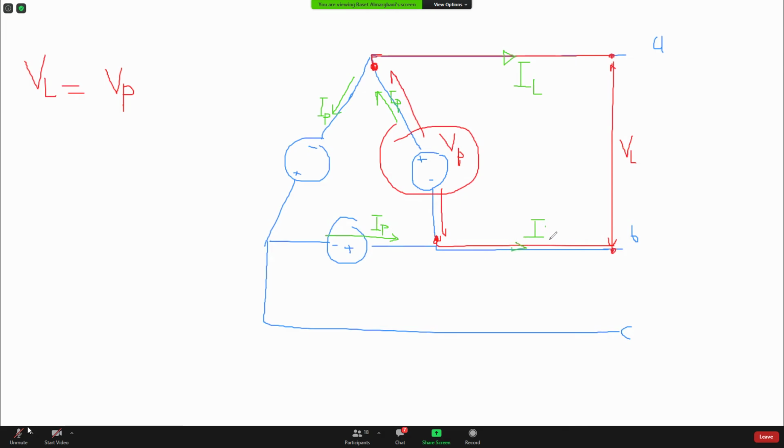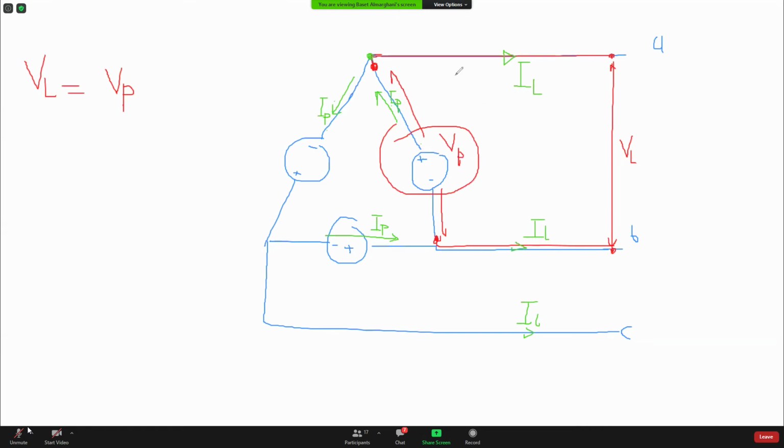This is line current and this is line current. Here the line current does not equal the phase current. If we plug a number here and a number here, and we try to find that one, at this point, this is leaving, this is coming, this is leaving.